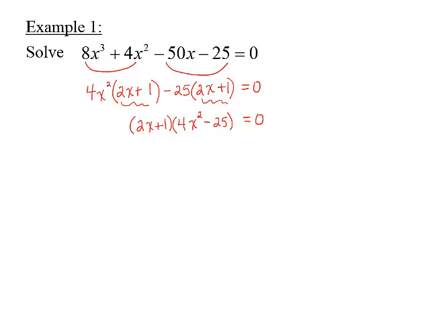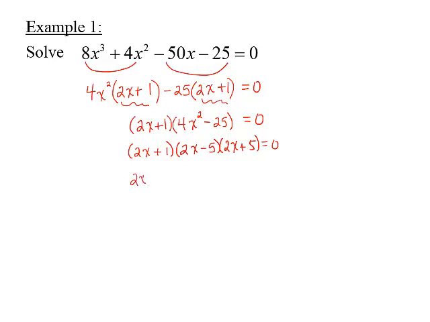We can't do anything more to that. 4x squared minus 25 is a binomial. That is the difference of two squares. We can factor this further to 2x minus 5 times 2x plus 5 equals 0. Now we have it factored equal to 0.